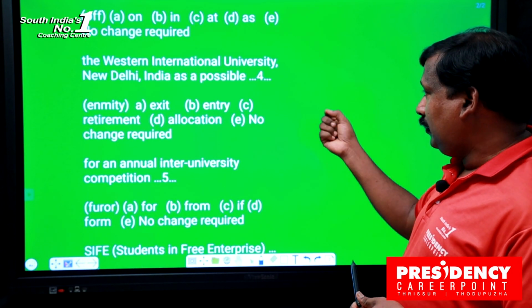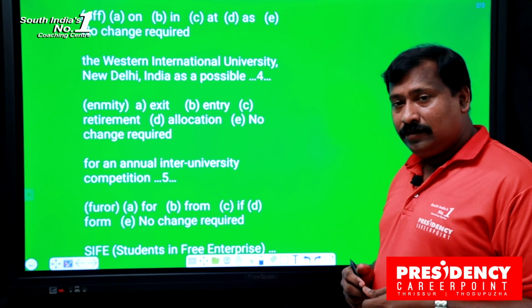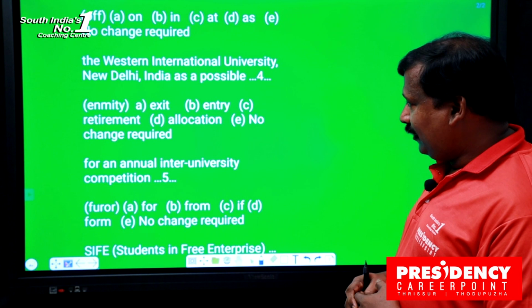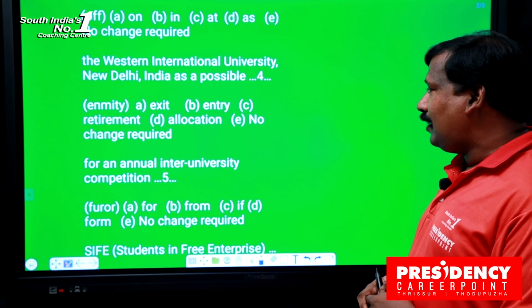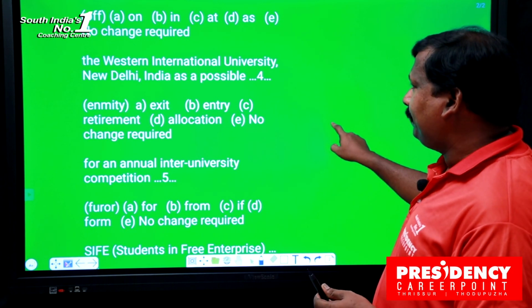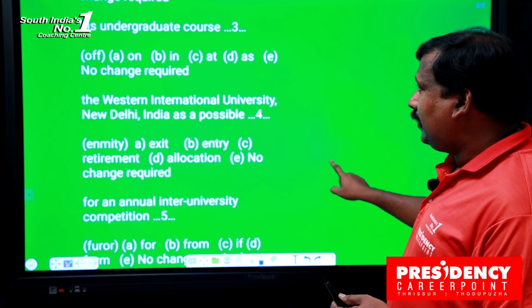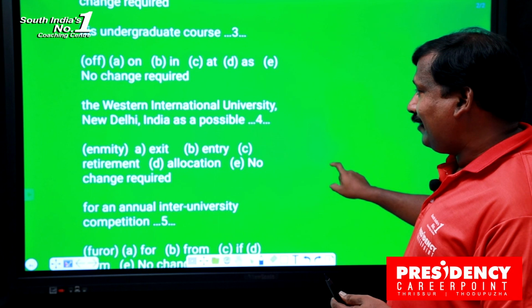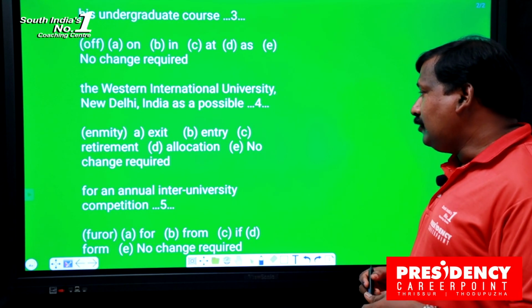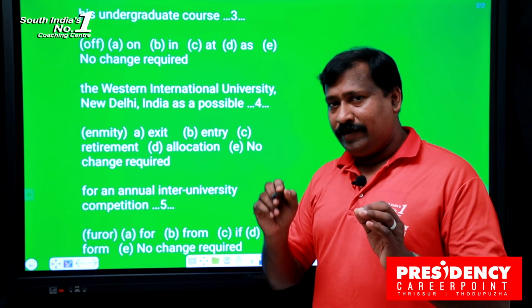As a possible, the first option is enmity, which is not at all right. As a possible exit, entry, retirement, and allocation. These are the other four options. So this would be, while he was attending his undergraduate course at the Western International University, New Delhi, India, as a possible entry. Just a very simple answer.